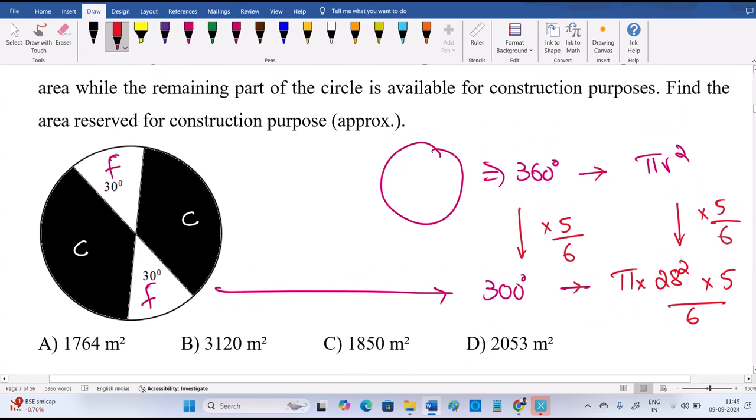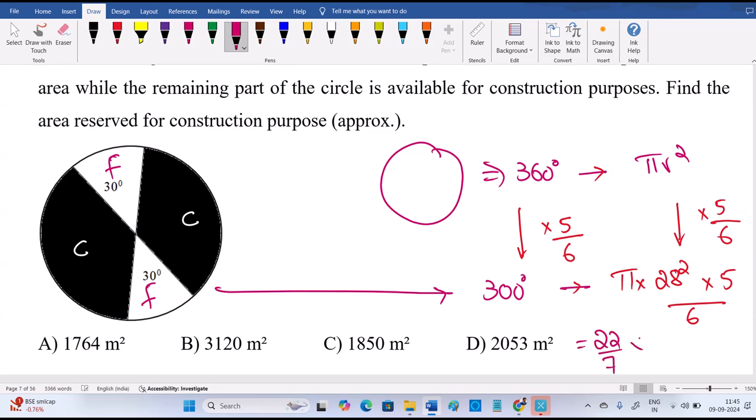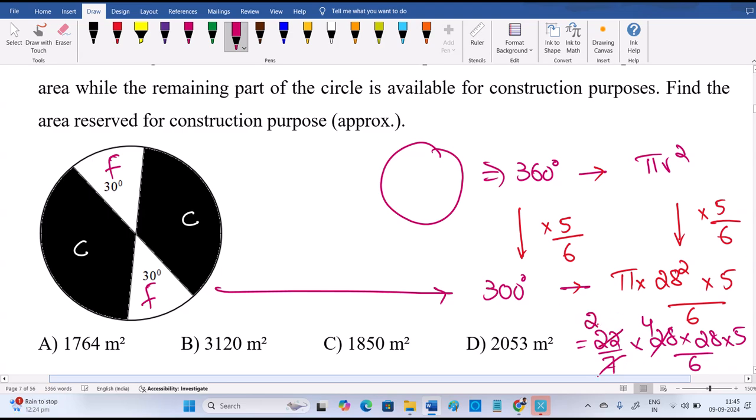So we need to cancel those terms. They want simplification. Pi is 22 divided by 7. 28 square, split it like 28 into 28 into 5 divided by 6. 7 goes 4 times, and 11 times here.